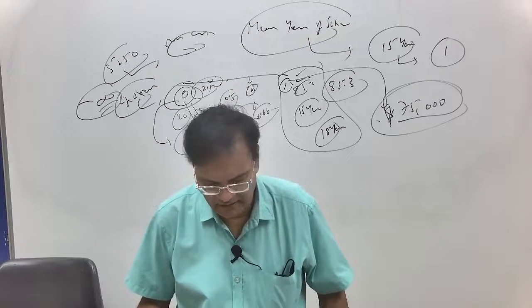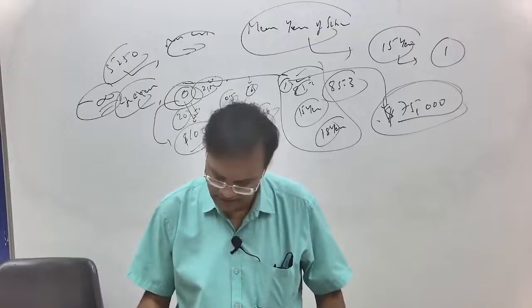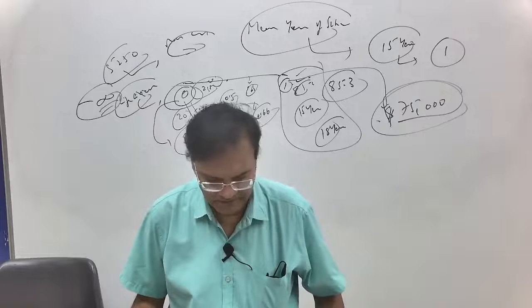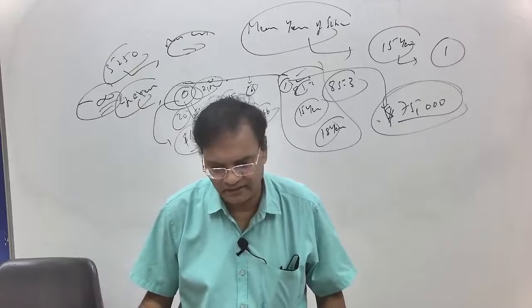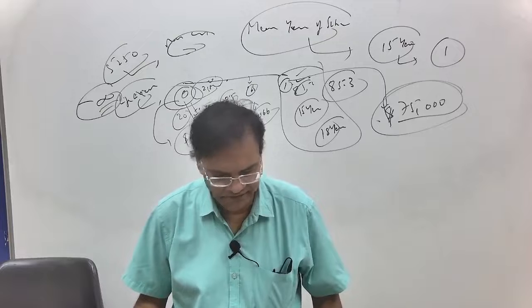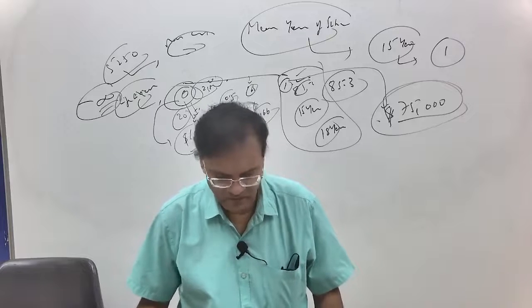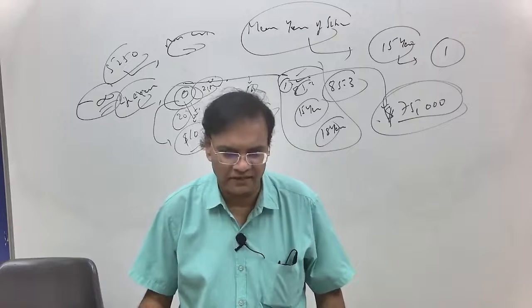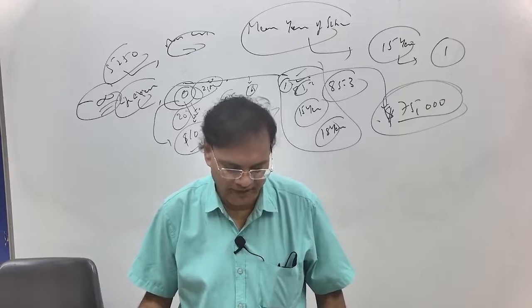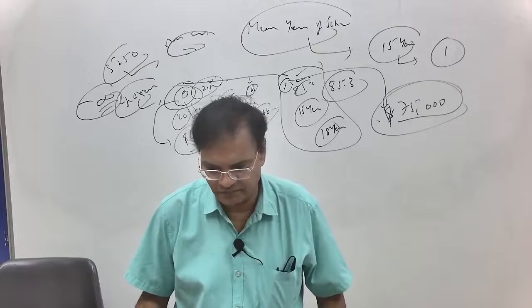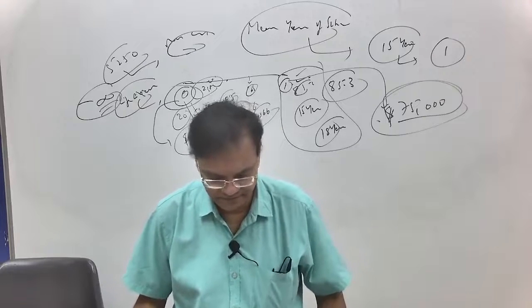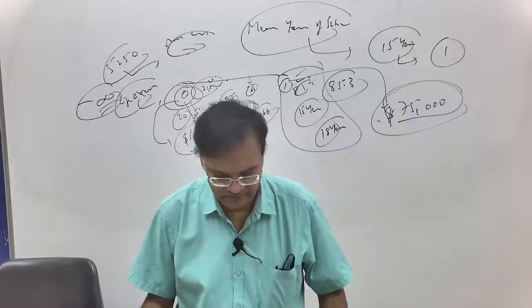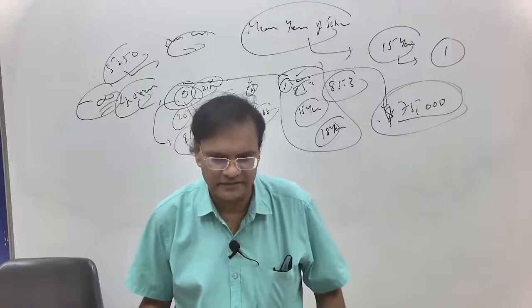Here, Norway is at the top, first rank. And the HDI value of Norway is 0.957. Right?